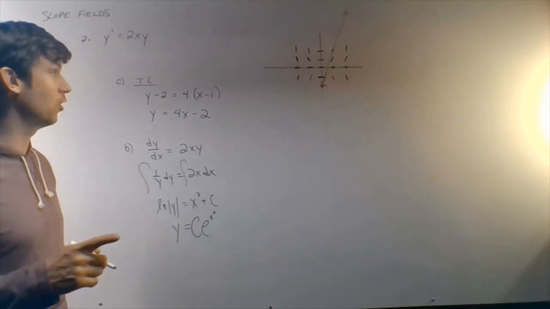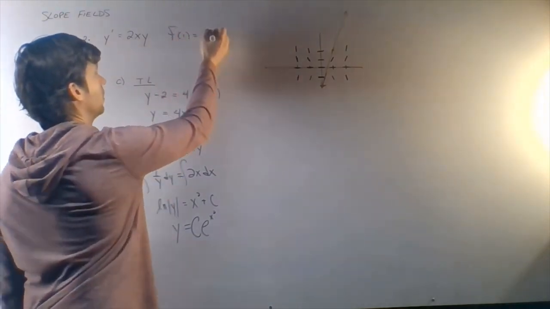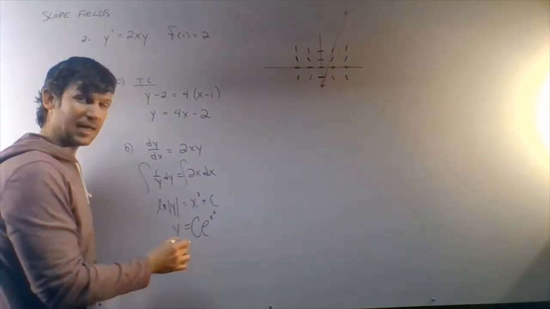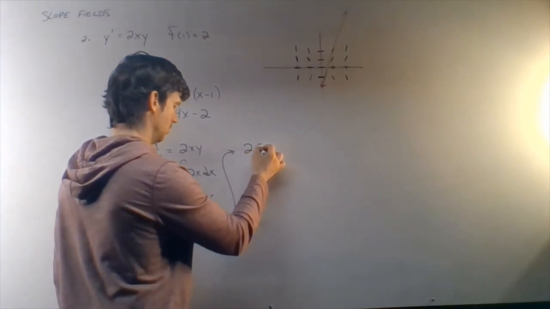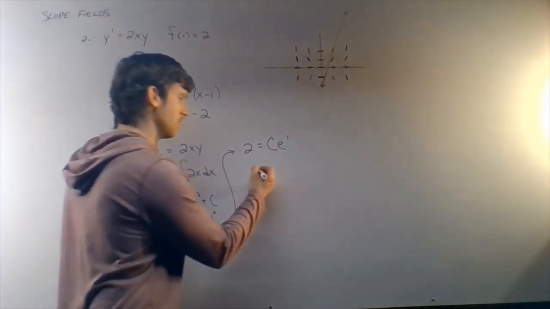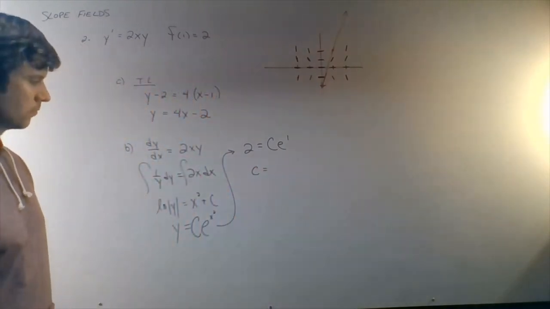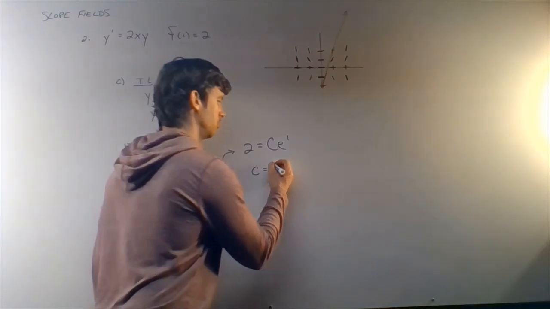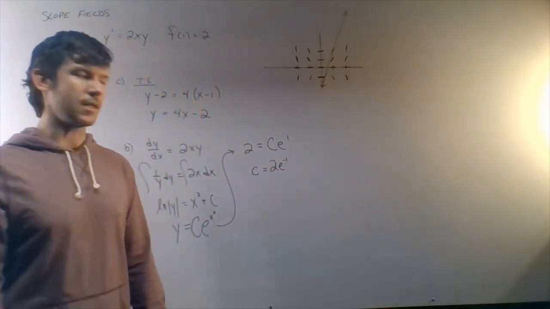Now we do know that it goes through the point 1, 2. So I can plug that in, I can find the c value. So the y value is 2 when we plug a 1 in. If I solve for c, I end up with c equals 2e to the negative first, or 2 divided by e.